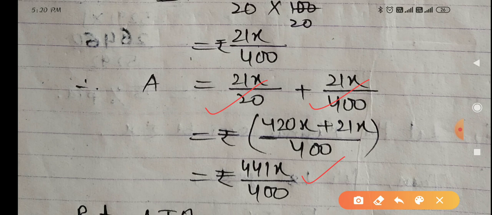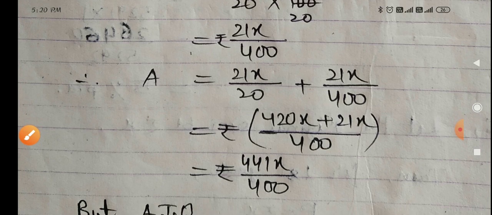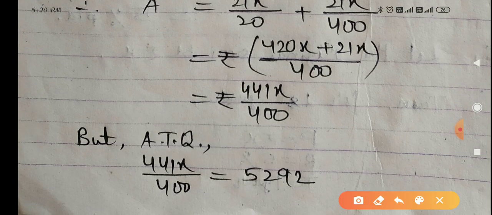So this is the amount of the second year. But you know very well, according to the question, the amount of the second year is 5292. So according to you, the amount of the second year is 441X upon 400. So both will be equal.